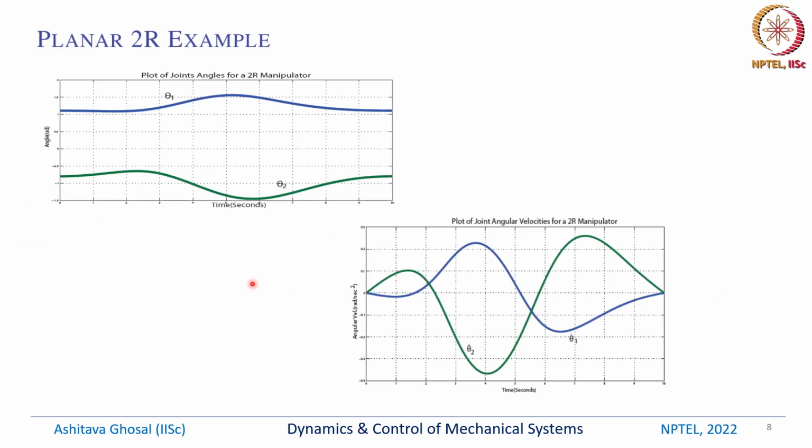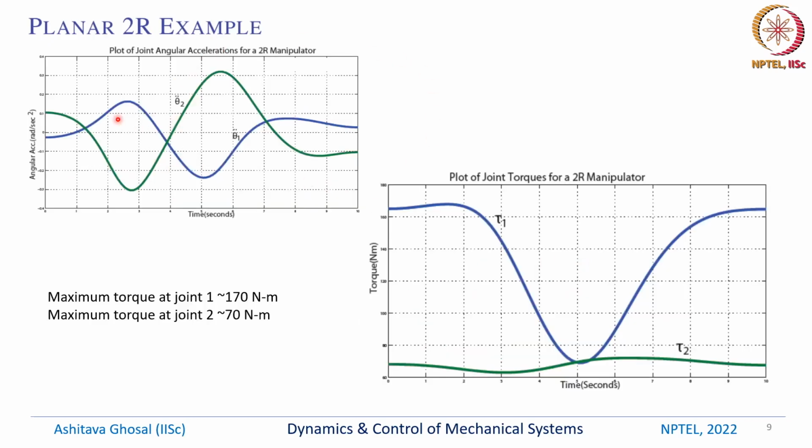So here are some plots for that circle which I showed you. Theta 1 varies in this form, theta 2 varies in this form, theta 1 dot and theta 2 dot look like this. So the blue one is theta 1 dot and the green one is theta 2 dot, and so on. And then we can also obtain theta 2 double dot and theta 1 double dot.